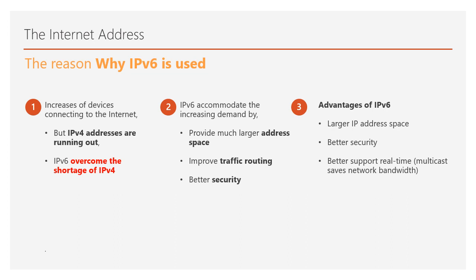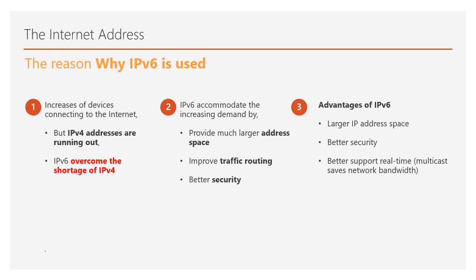The reason IPv6 is used is the increasing number of devices connected to the internet. Because of this increase, we must have many more addresses to cover all the devices connected on the network. IPv4 addresses are running out, as it is limited to 2 power of 32 addresses only.